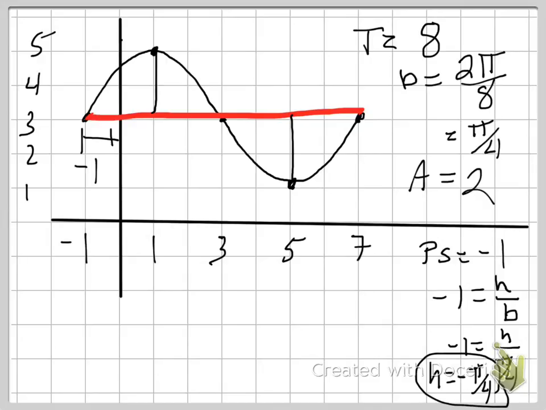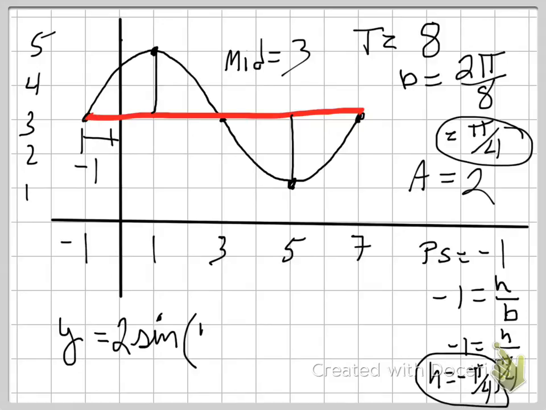Let's see, the midline here is 3. So to write the equation of this thing, this is a sine graph. I'm going to go sine. The amplitude is 2, so I'm going to put that out here. Now, the pi over 4 constant goes right here. And then in another set of parentheses, we're going to have x plus, because we moved to the left.